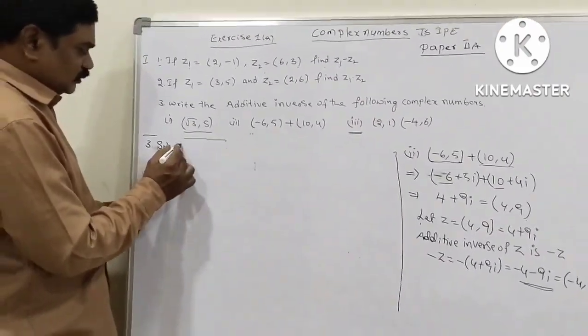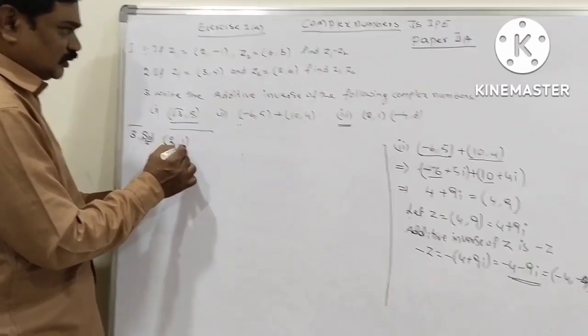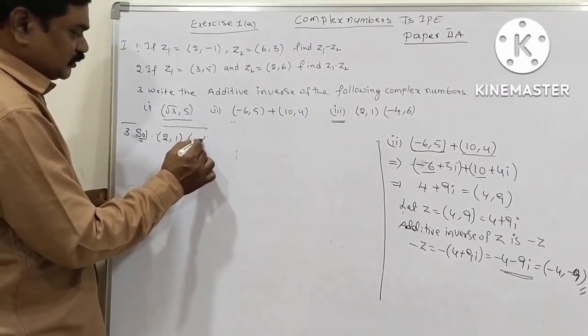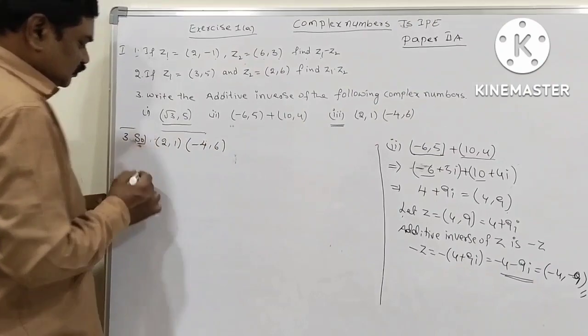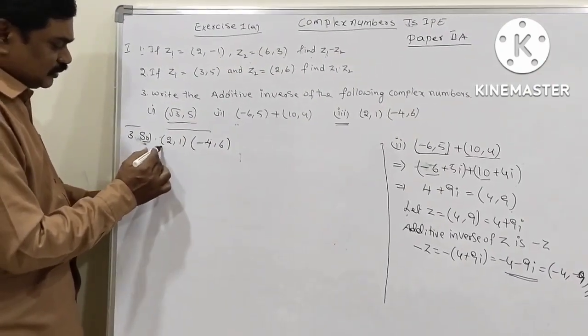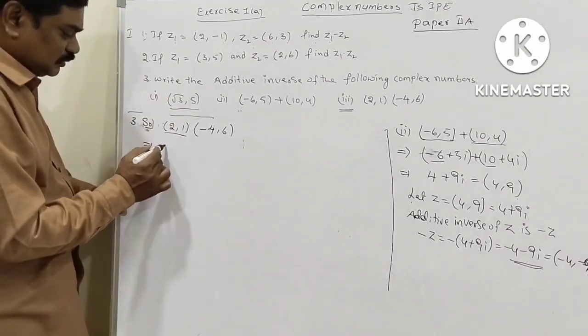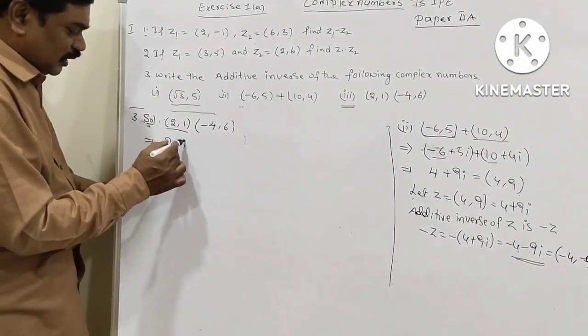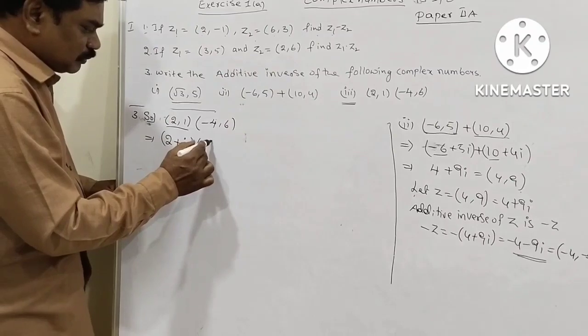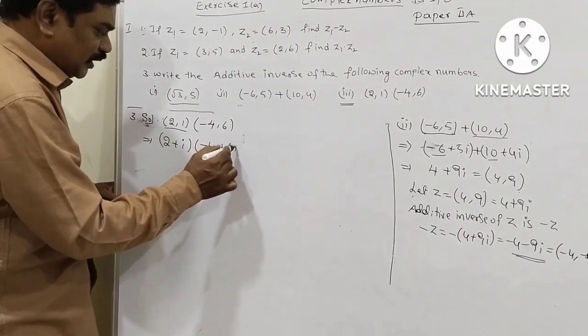Here given (2, 1) and (minus 4, 6). So you have to write this in the form of complex numbers: 2 plus i into minus 4 plus 6i.